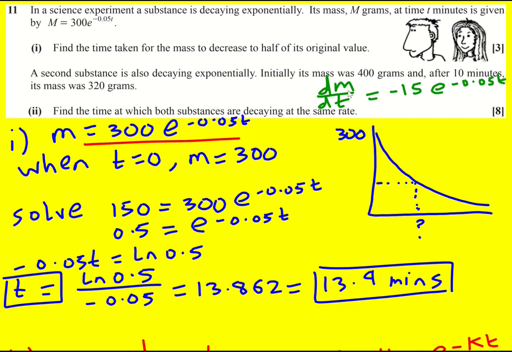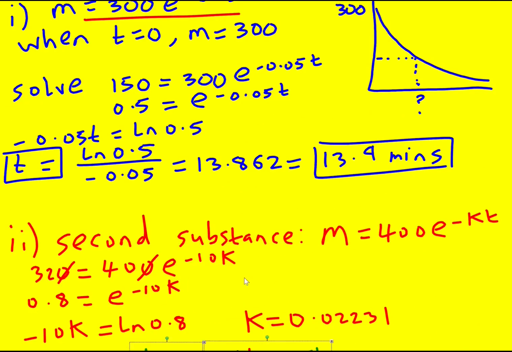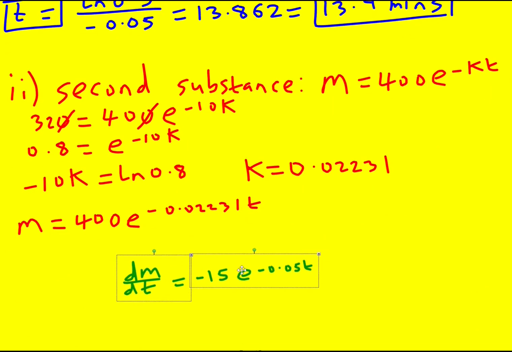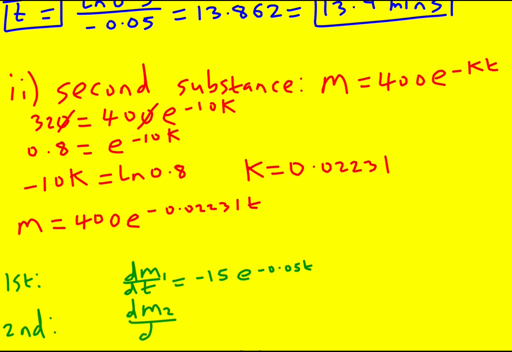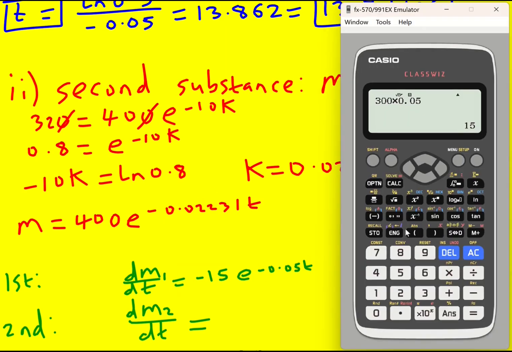Okay, that is for the first substance. Now for the second. Maybe I should call this M1 at this point; that would have been a lot better. So dM by dt for the second substance, I'm going to do this minus 0.02231 stuff.